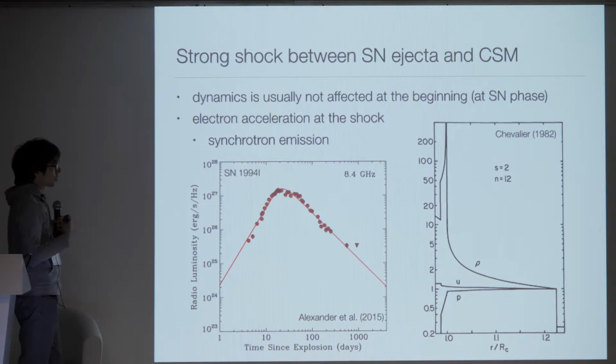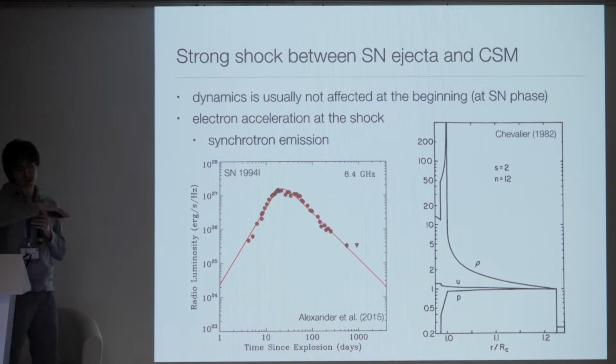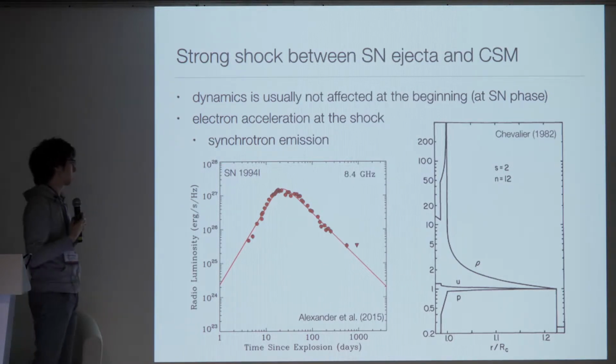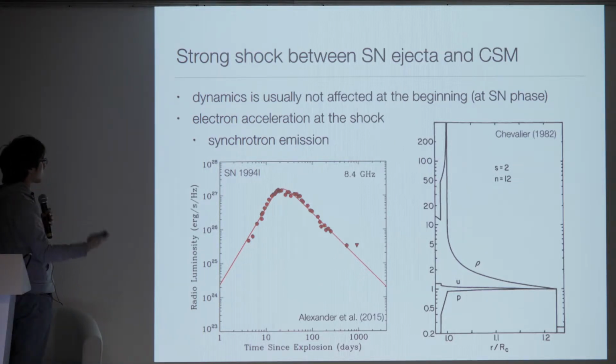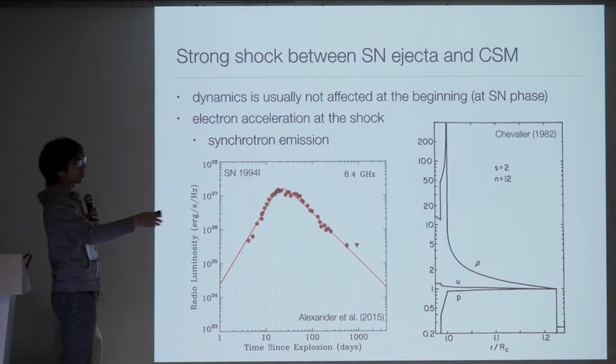In radio, from the main part of the supernovae, there won't be radio emission because the brightness temperature is much higher.